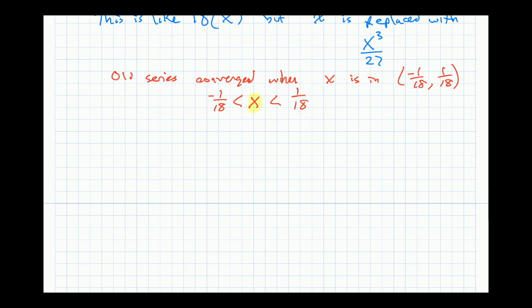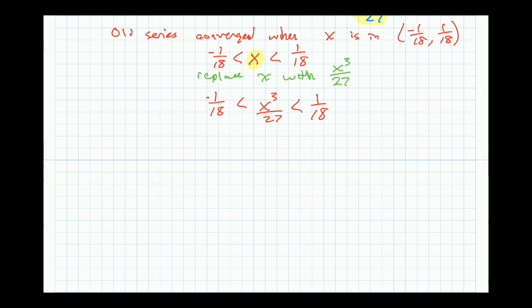We're just going to take this and replace it with this. So we're going to get -1/18 less than x cubed over 27 less than +1/18. And then what you have to do here is solve this for x.